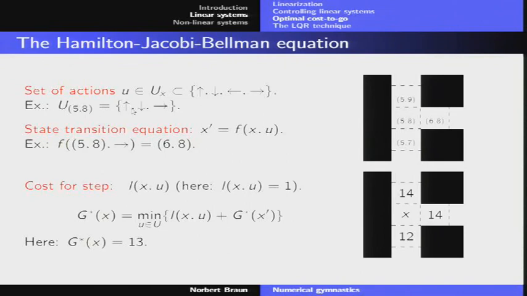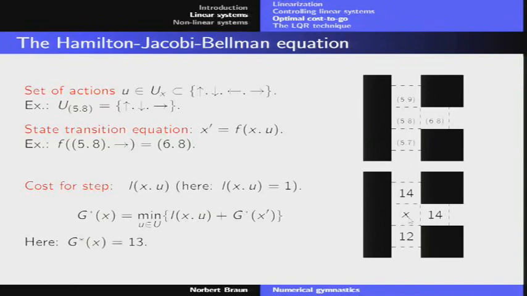Then we introduce the state transition equation. For example, if we start here at (5, 8) and we go right, then we end up at (6, 8). And we have to introduce the cost for one step. For this discrete example, it's just going to be 1, but it's going to get more complicated later.